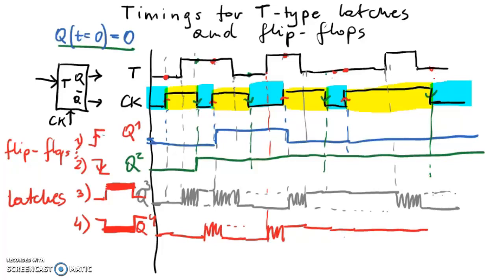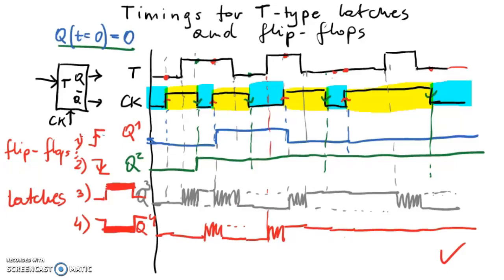And the last activity is also within this activity, T is also 0, so no change at all. That's the last case.